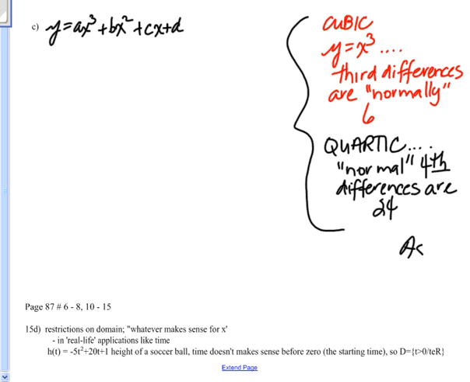So that you can keep as an aside. Interesting information. All right. We had a cubic. We looked at the table of values and we noticed that our y-intercept was 1. Our third differences are 6.